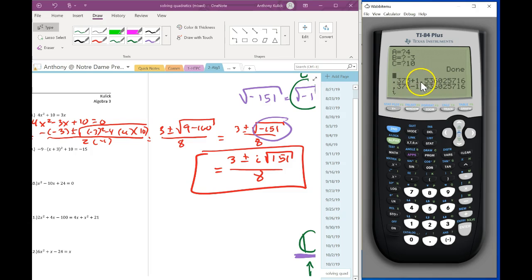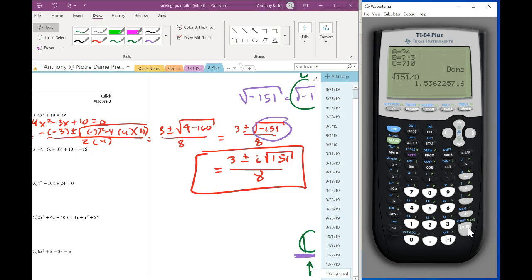Notice this number, 1.53 and so on, is exactly the square root of 151 divided by 8. So it is giving me exactly the same result that I just got by hand.